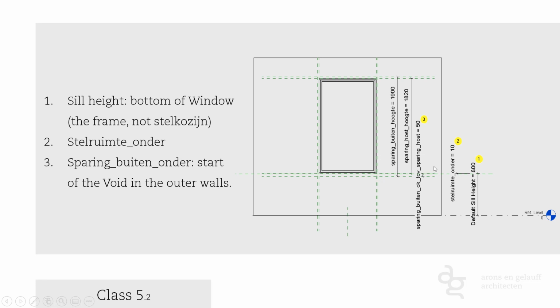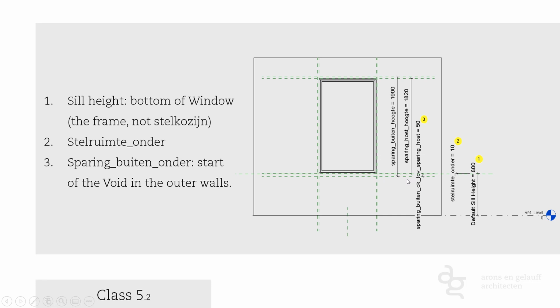And here is sparing buiten onder, and that's where the void in the outer walls start. So if you have brickwork that will end at a certain dimension, and the window frame will start like 50 or 60 millimeters higher, this is the way to do it.